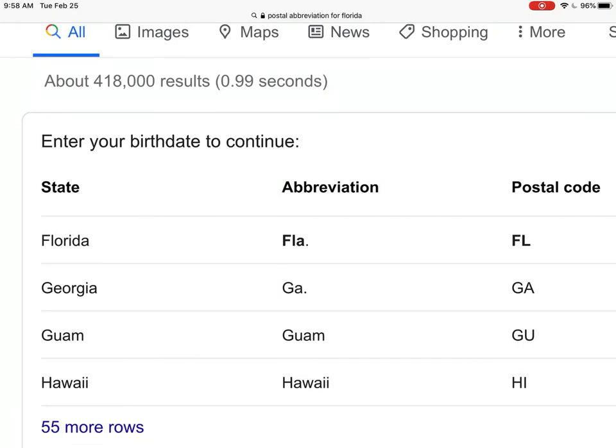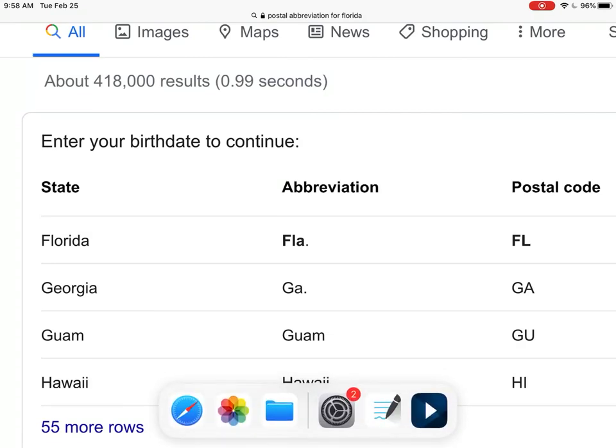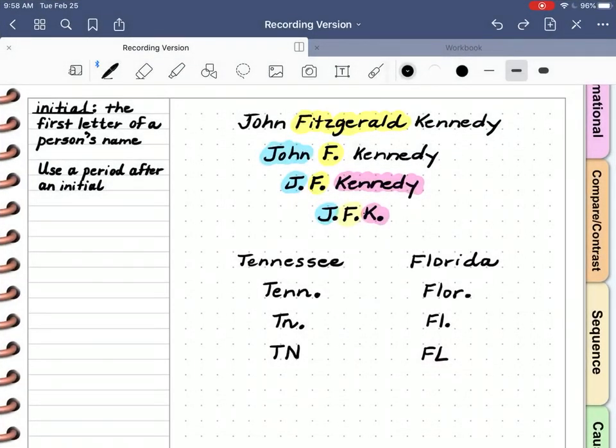That when I was in school, we started out with this abbreviation, and the postal code is indeed FL, capitalized. So if you're not sure, look it up. Don't leave something unfinished, because that's what learning is all about. If you don't know the answer, find it, and the next time you need that information, you will have it.